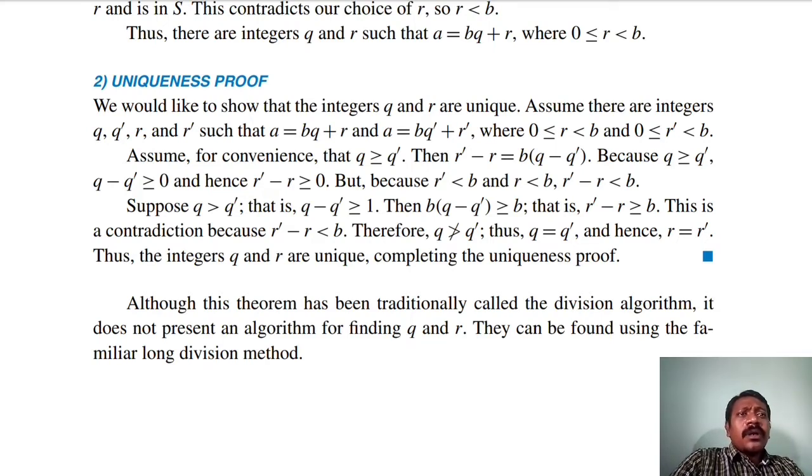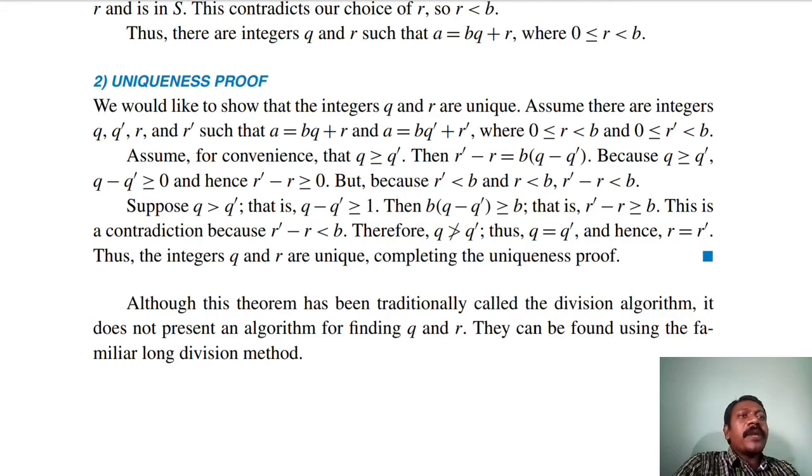Now subtract both the equations: r dash minus r equals bq minus bq dash. If you take b outside, you will get b times q minus q dash. So this is our equation. Already we have assumed that q is greater than or equal to q dash, so q minus q dash is greater than or equal to 0, and hence r dash minus r is also greater than or equal to 0, since b is a positive integer.